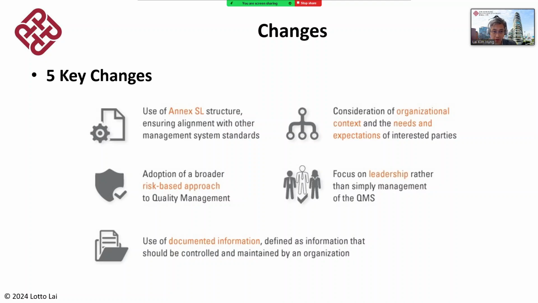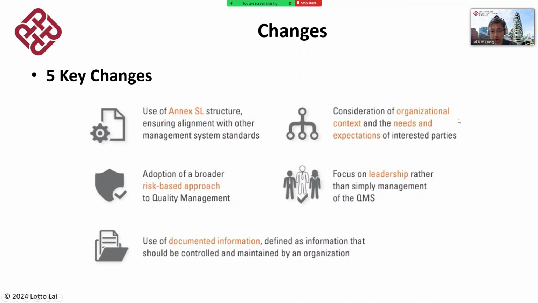What are the five key changes compared to the previous one? We use the HLS structure, the high-level structure. All ISO standards in the future can integrate together because the structure is the same. Then, a risk-based approach to quality management.